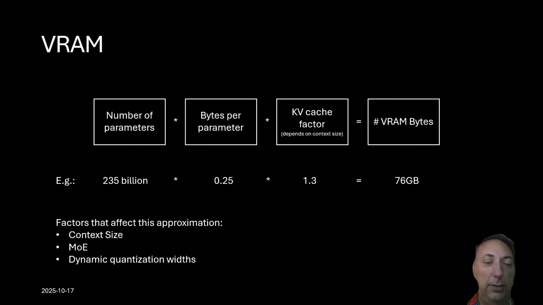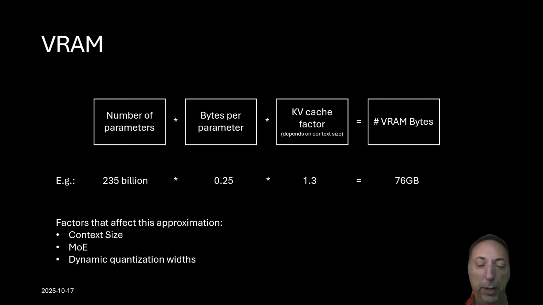So context size, the number of tokens that you can enter and output. If you specify a larger context size, like 16,000 tokens instead of 8,000 tokens, that's going to require a larger cache. Mixture of experts can really save time and money. People were disappointed with the accuracy on Llama 4.